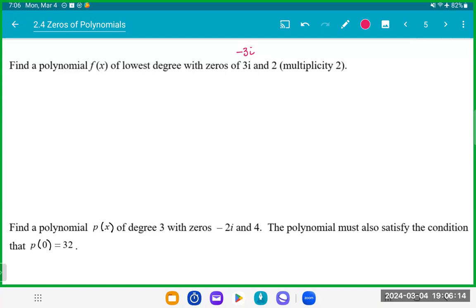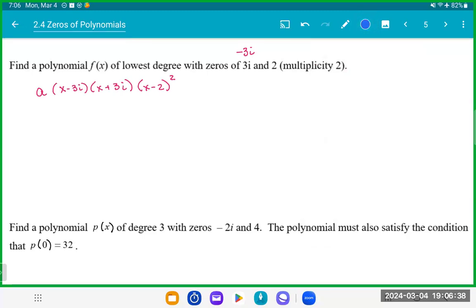And 2 with a multiplicity of 2, okay? So that means we don't know what our constant is out here, but we know our factors are x minus 3i, x plus 3i, and x minus 2 squared because of that multiplicity, okay?